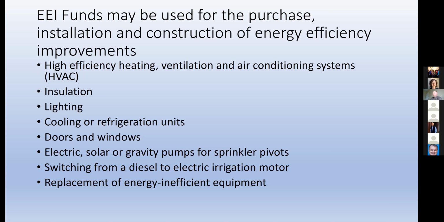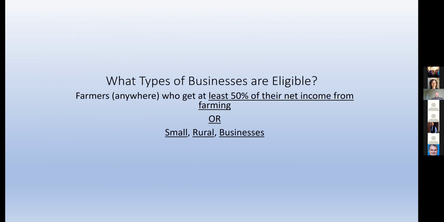Cooling or refrigeration units, doors and windows. People use a huge amount of energy through windows, so those could be replaced. Pumps of various types, going from a diesel to electric irrigation motor, for example, and replacement of energy inefficient equipment. Those are some examples of things that would qualify.